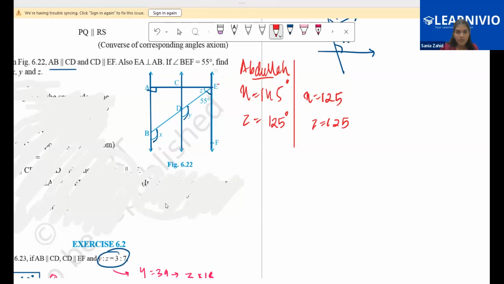Yes, children, let's continue now. Abdullah has said X is 145, Y is 55. Okay, children, everybody can type your answers now in the chat box.